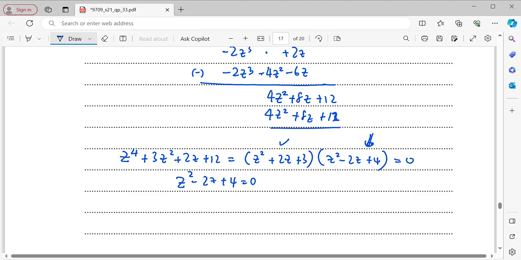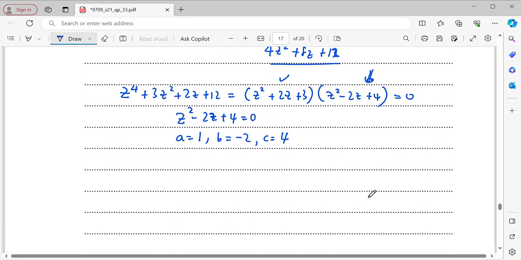And then this quadratic cannot be factorized. Therefore, my a is 1, my b will be negative 2, c is positive 4, and use the quadratic formula to solve this.